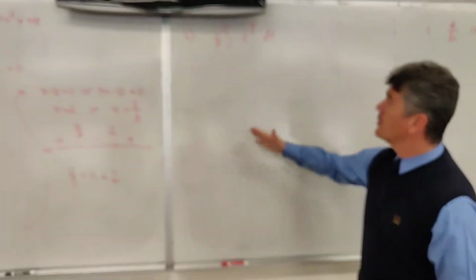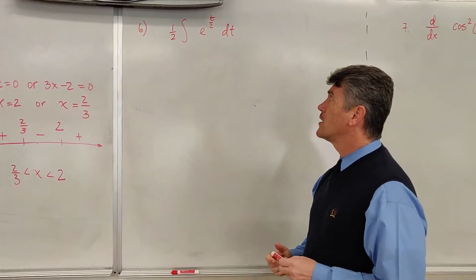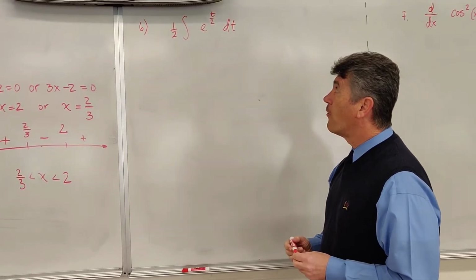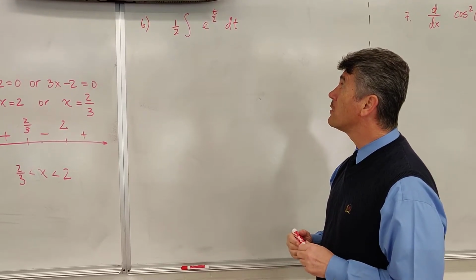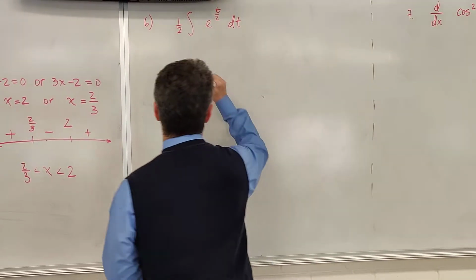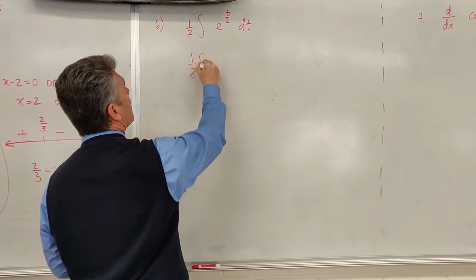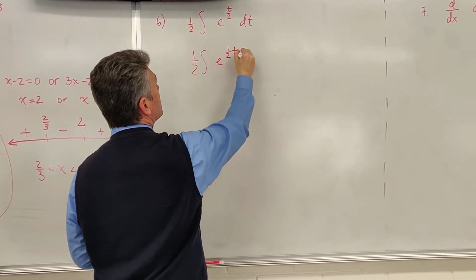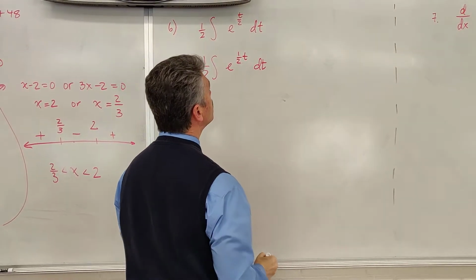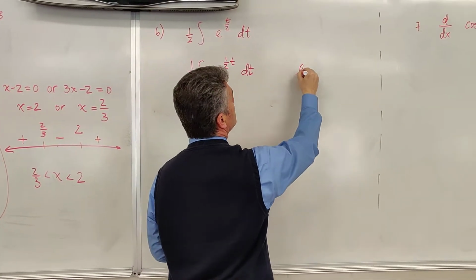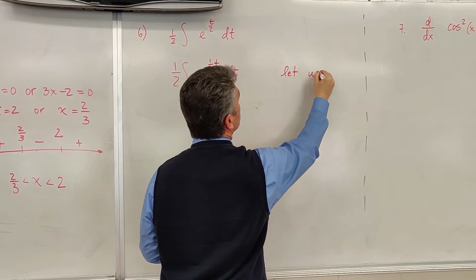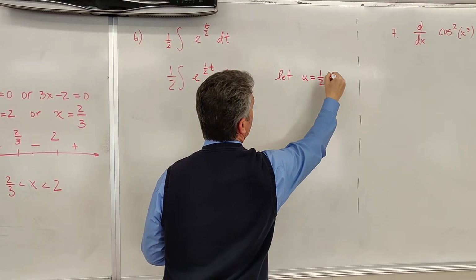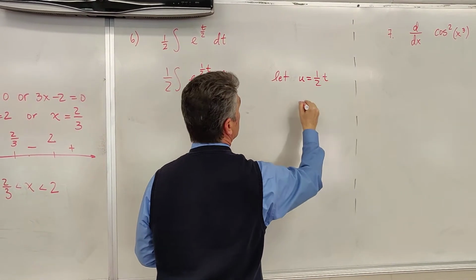In the next question, we're asked to find the antiderivative of e to the t over 2. We rewrite it: 1/2 e raised to the power of 1/2 t dt, and we use u substitution. We say, let u be equal to 1/2 t.